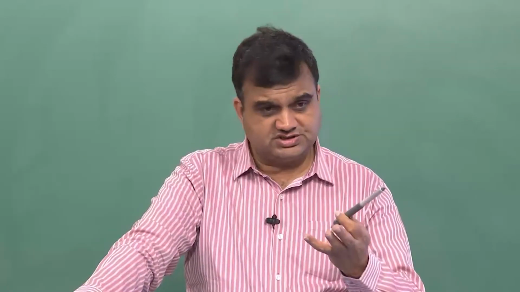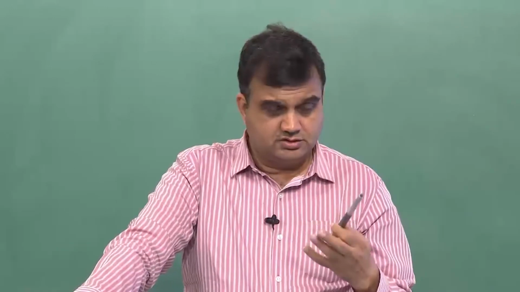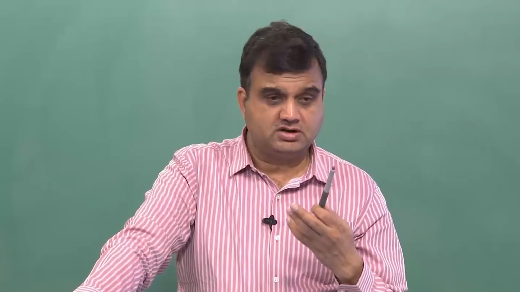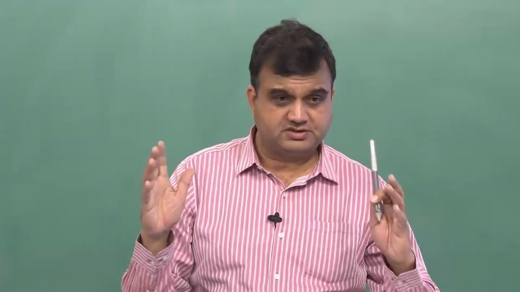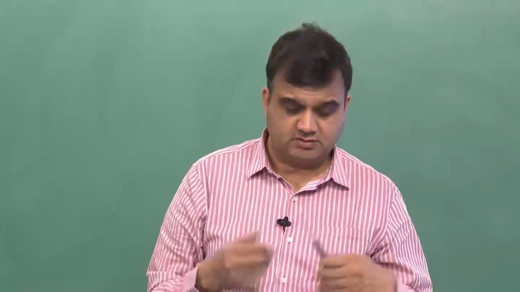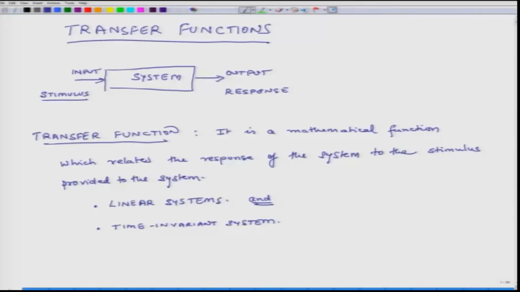So, the mass of the system is changing as it moves upwards. That kind of system is not time invariant, because some of the physical attributes of the system are changing with time. So, we will talk about transfer functions only in the context of systems which are linear in nature and simultaneously time invariant in nature. Okay. So, this is important to understand.